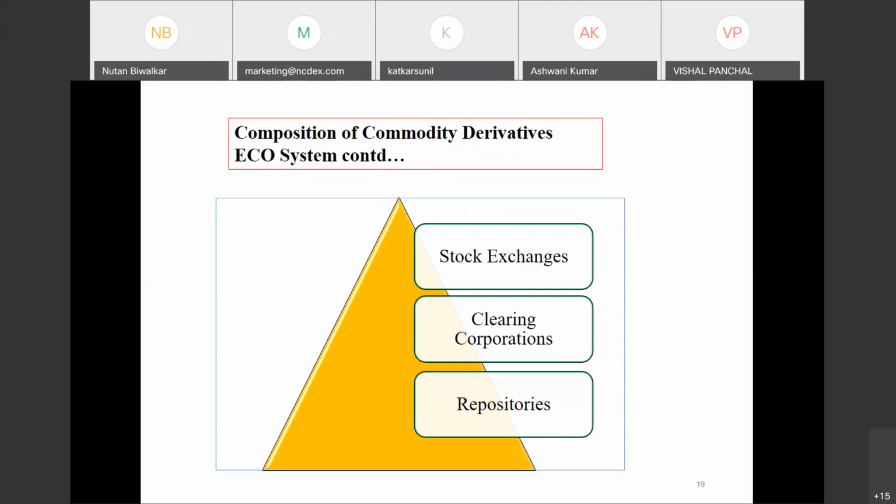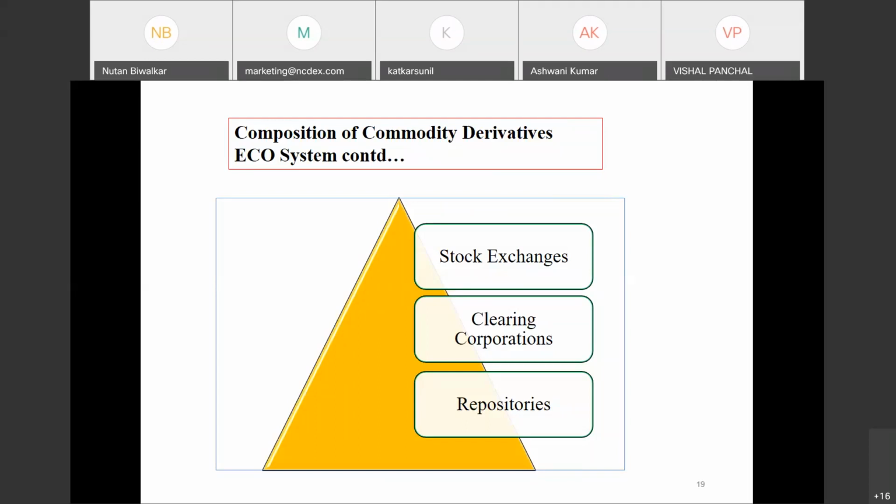Clearing corporation, as I said, the first most important function it does is novation. I think everybody is very well versed about this. Then it computes the margin, arranges pay-in and payout and delivery, that is, settlement obligation, assuming counterparty risk, collection of margin, daily computation of margin, arranging pay-in and payout, monitoring the position, and arranging for the physical delivery.